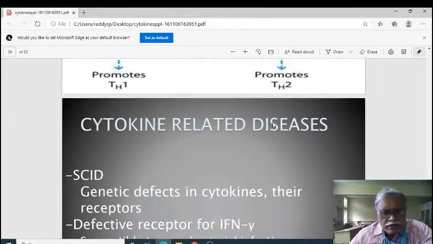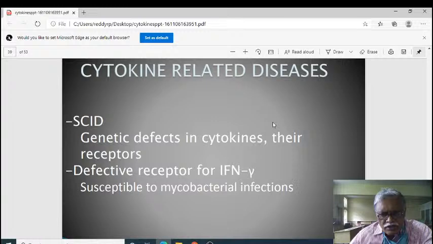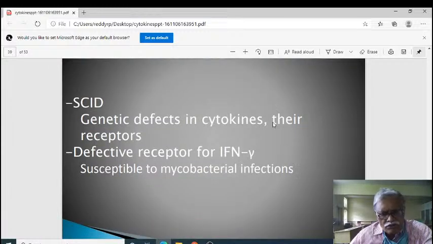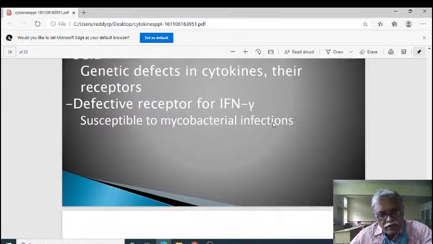Cytokine-related diseases include SCID, severe combined immunodeficiency, a genetic defect in cytokines and their receptors. A defective receptor for interferon gamma makes people susceptible to mycobacterial infections.